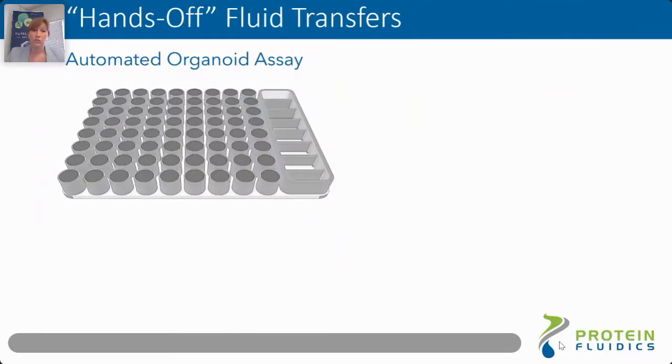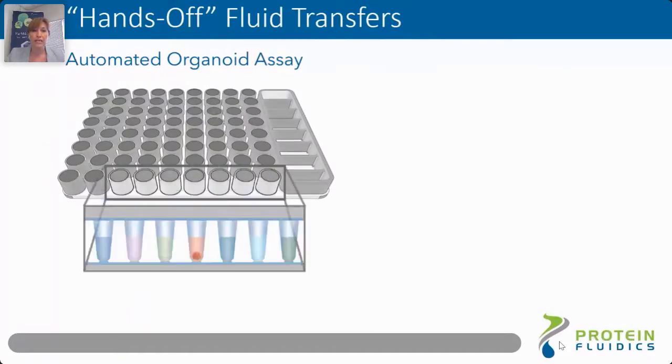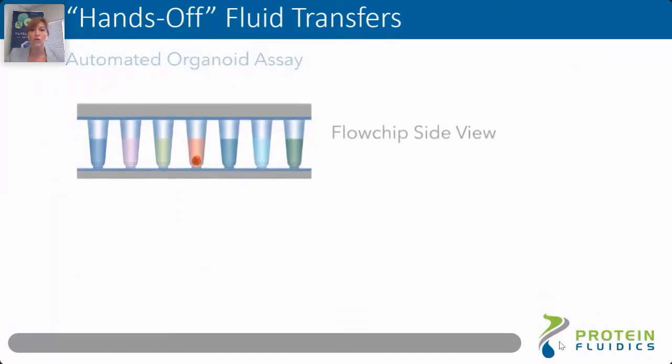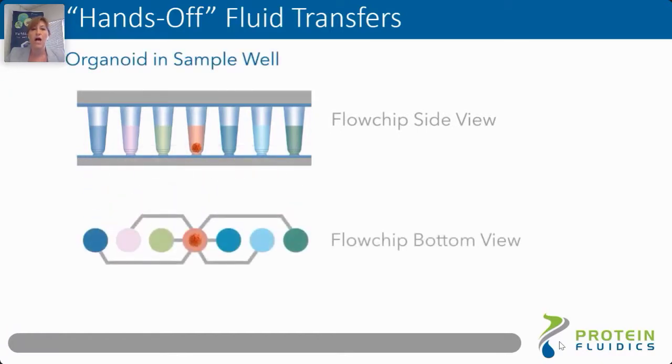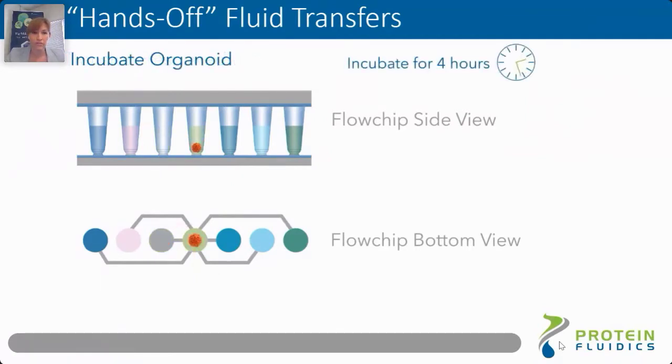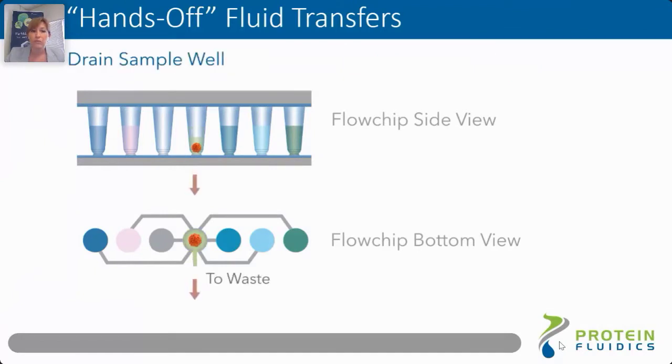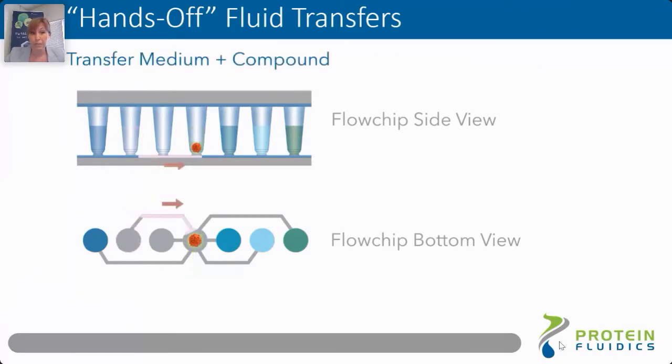Now, let's take a closer look at what's happening inside the flow chip while the assay is running. So here you can see an example, an outline of the flow chip with the sample. First thing that we can do, for example, we can remove old medium and replace it with fresh medium. Let the sample incubate for desired amount of time. Then we can remove this medium and transfer compounds.